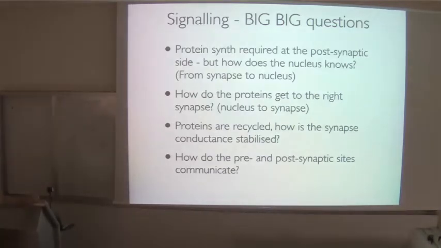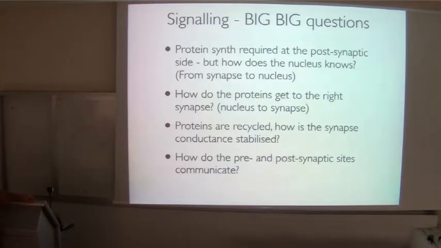So there is something that has to go from the synapse to the nucleus, tell it that we need to synthesize proteins, and then go back to the synapse from the nucleus and actually hit the specific synapse. Some of these pathways have been found.